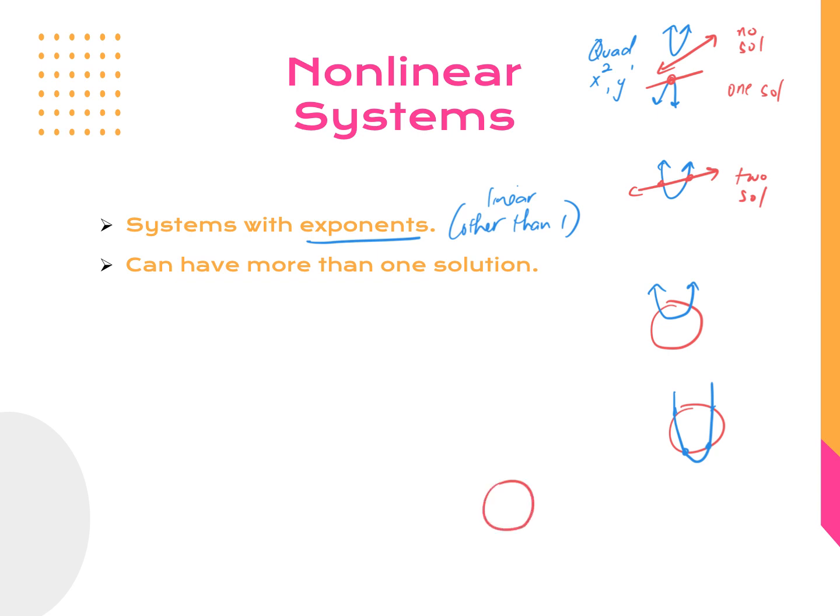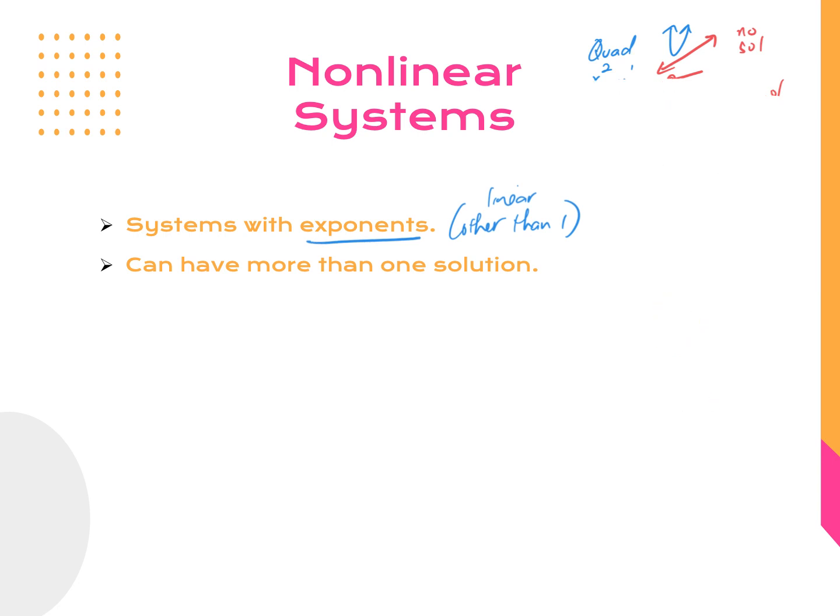Maybe we give you something that goes like this and something that goes like this. And so, there's multiple solutions. So again, depending on the equations we give you, there could be no solution, one solution, two solutions, maybe four solutions. It's really going to depend on the equations that you're given. So it's really important, I think, when we give you these equations to identify what equations you have, and in your head think about how many possible solutions you could have.